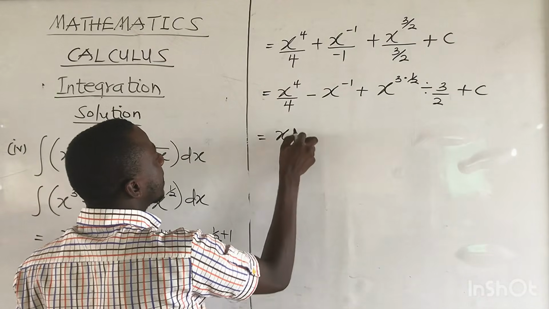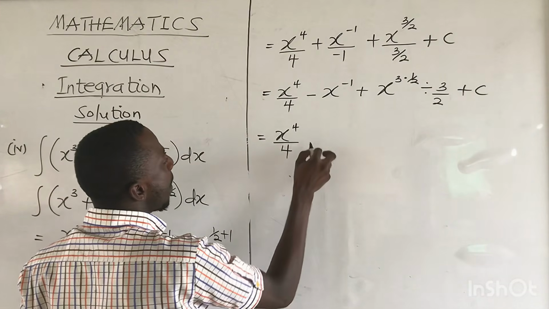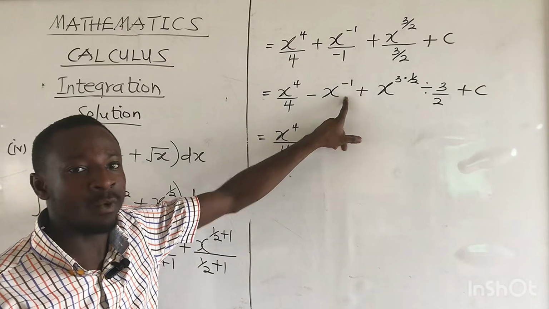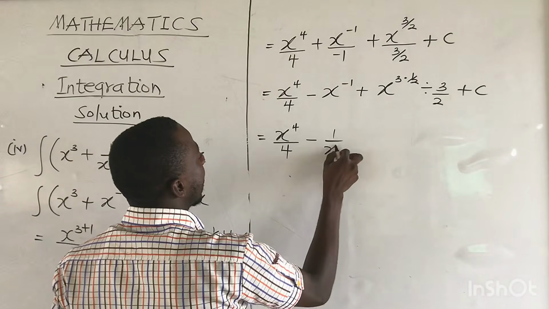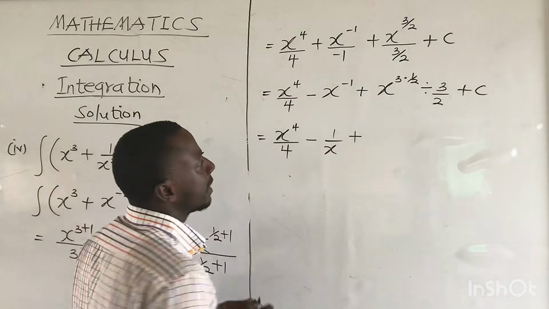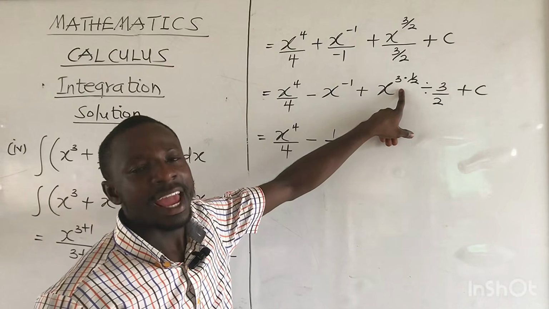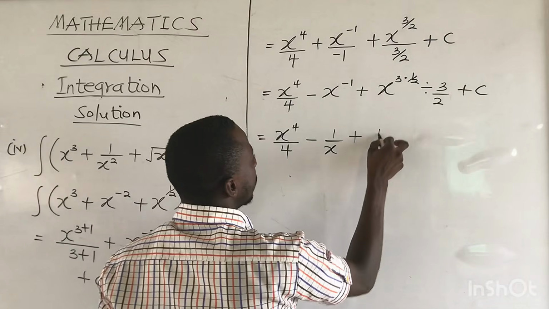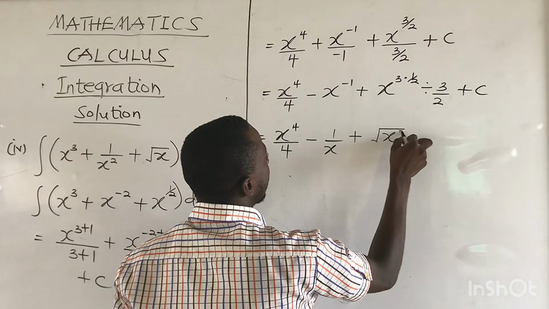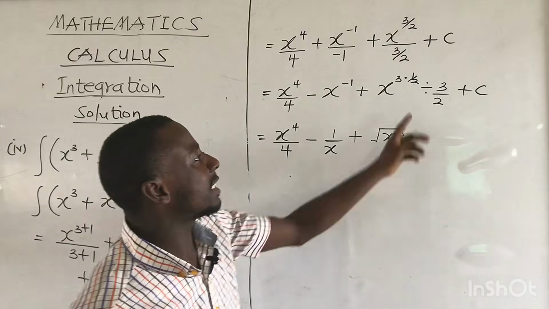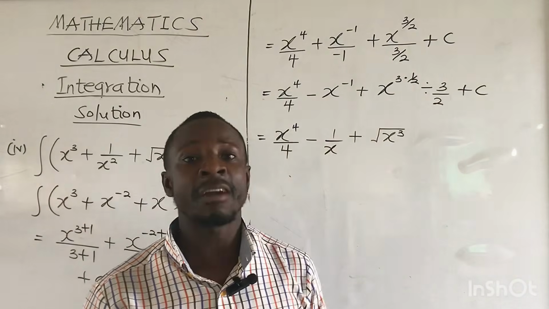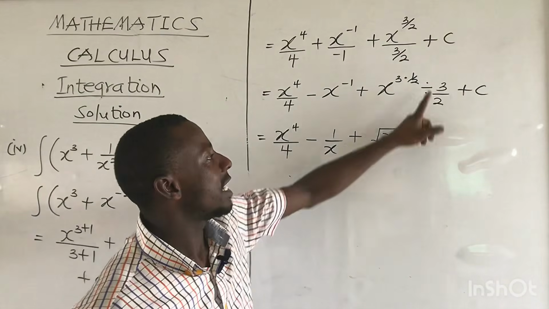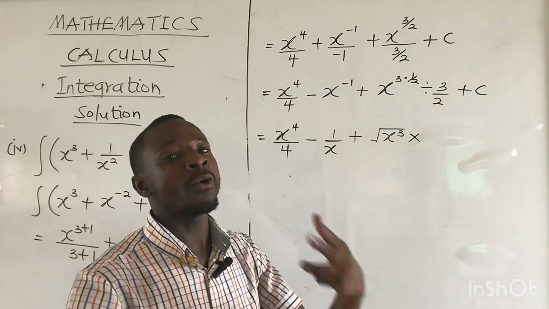So we have x exponent 4 over 4 minus, we can rewrite x exponent negative 1 as 1 over x, plus, from here x cubed, which is multiplying an exponent half, is the same as root x cubed. And anytime a term is dividing a fraction, the division sign changes to multiplication, then the other fraction we are going to reciprocate.